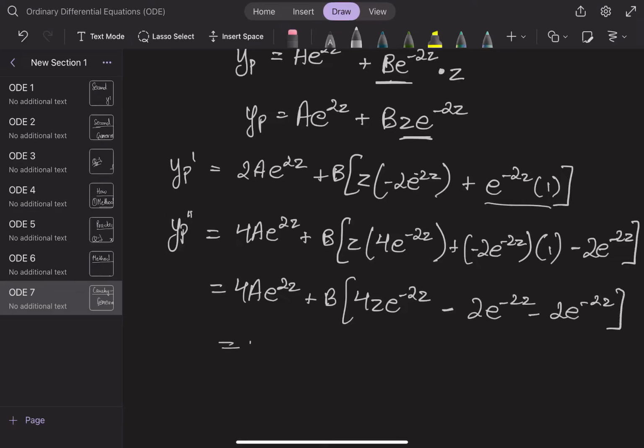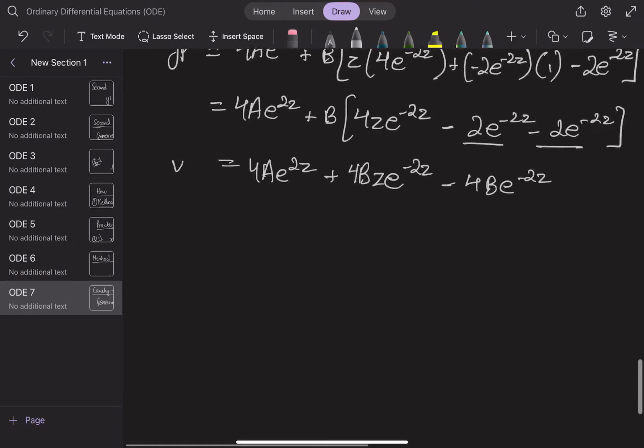So this becomes 4A e raised to 2z plus 4B z e raised to minus 2z minus 4B e raised to minus 2z. You can add these terms. So this is your yp double dash.